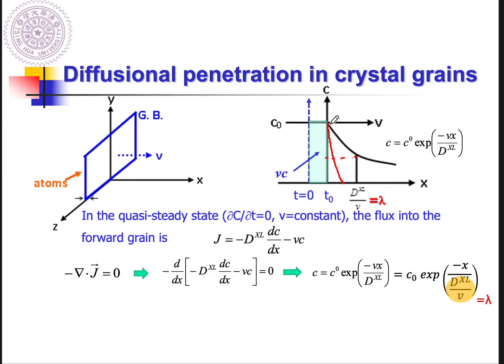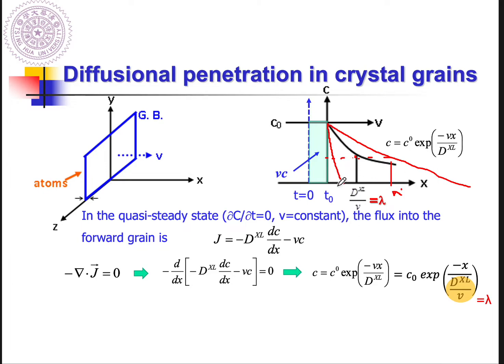But if lambda is very large, like this larger lambda prime, that means the profile tells you that the diffusing atoms diffuse deeper into the grain.